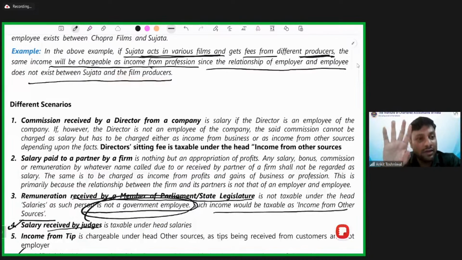But if he is checking the examination papers of the university, which is not his employer, such remuneration is taxable under the head income from other sources. University can control the college, and college can control the professor.